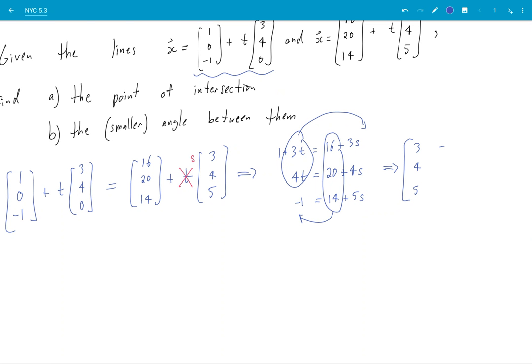For my t column, I'll have -3, -4, 0. Oh, this wasn't necessary, was it? Oh well, I'll just do it anyways. And for constants, I will have -15, -20, -15. I guess I didn't need a matrix here. I have such a simple equation here that matrix wasn't necessary, but oh well.